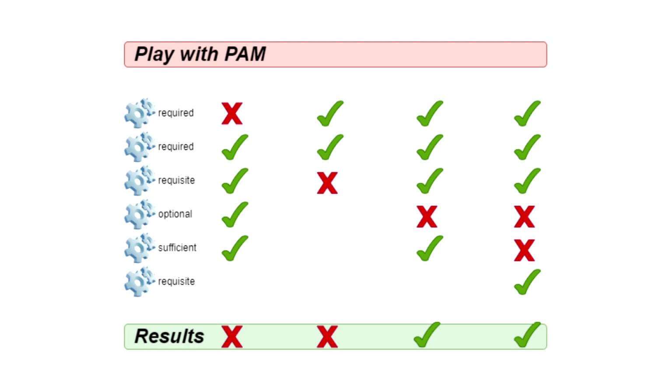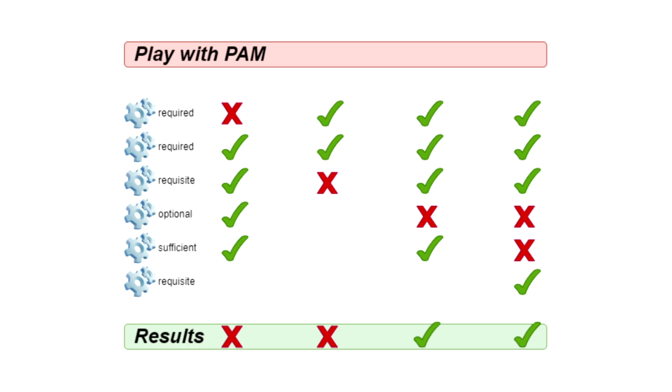It's like what you would most commonly see in those spy movies. If you failed at any section of those security measures, you'd be out of there immediately. They wouldn't even let you go to the next room or next security team, because each step is requisite to the success of the program. So if any required or requisite module fails, your entire stack will fail no matter what.